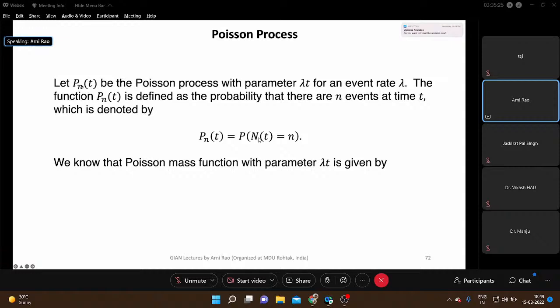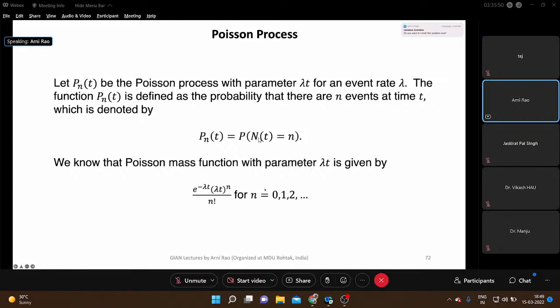The notation here, Pn(t), is defined as the probability that there are n events. The suffix is the number of events and the argument is time. Here t stands for time, n stands for number.